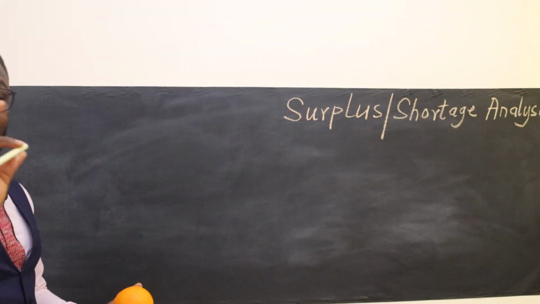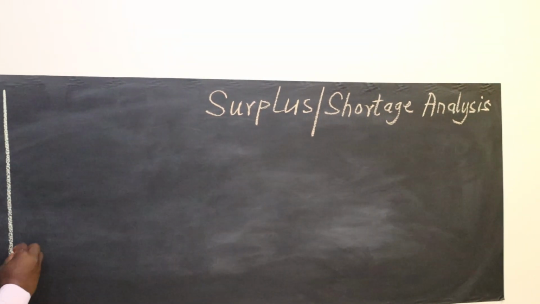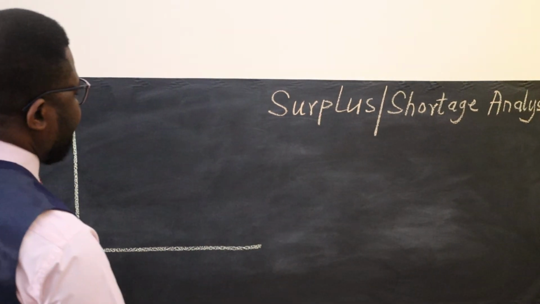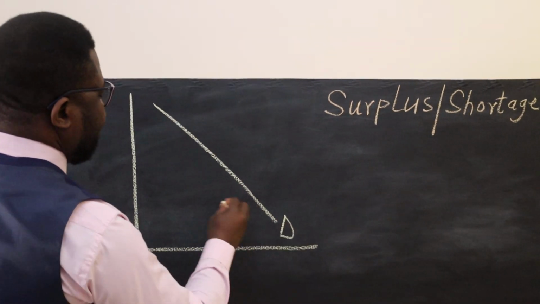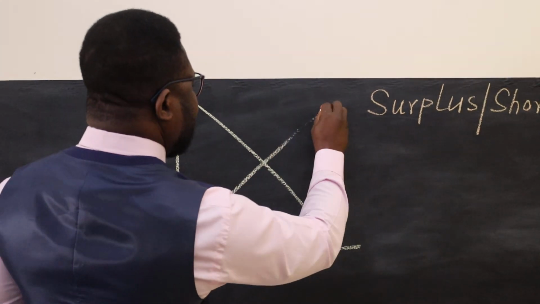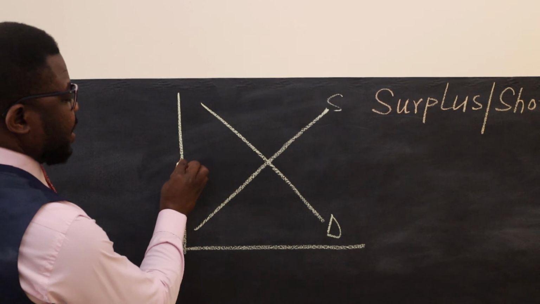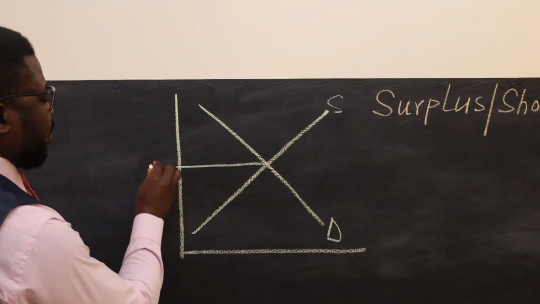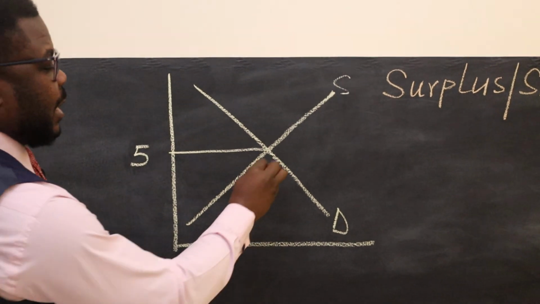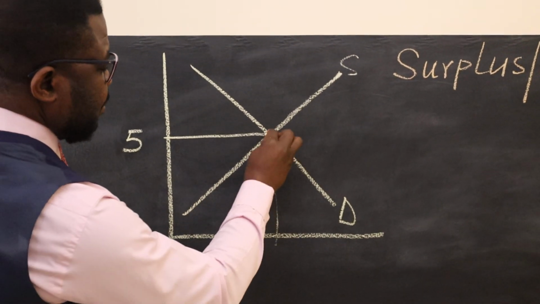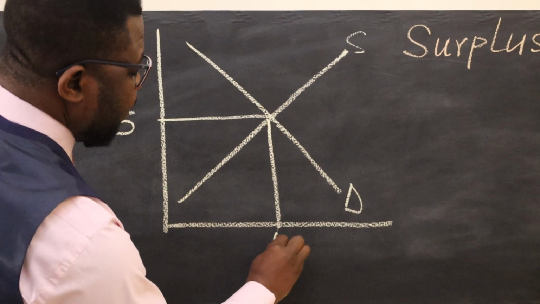So again, I'm going to draw the demand and supply curve. We have demand as usual, and we have supply. So let's say, for example, we have the equilibrium price at 5, and the equilibrium quantity at 10.